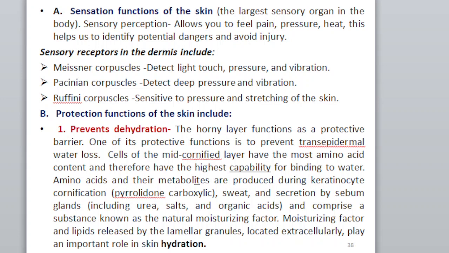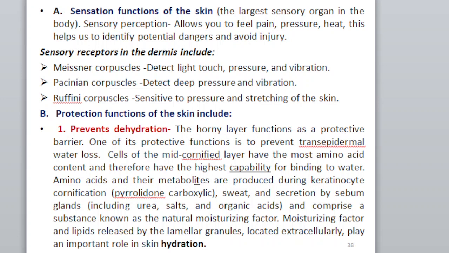B. Protection functions of the skin include 1. Prevents dehydration. The horny layer functions as a protective barrier. One of its protective functions is to prevent transepidermal water loss. Cells of the mid-cornified layer have the most amino acid content and therefore have the highest capability for binding to water.